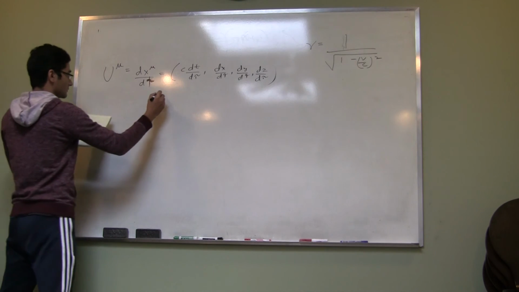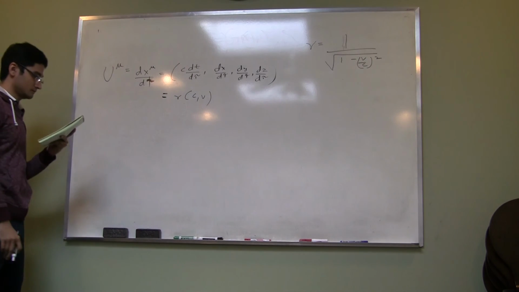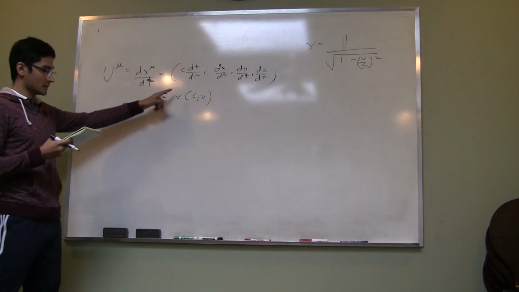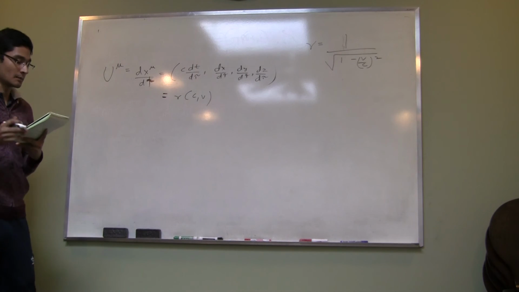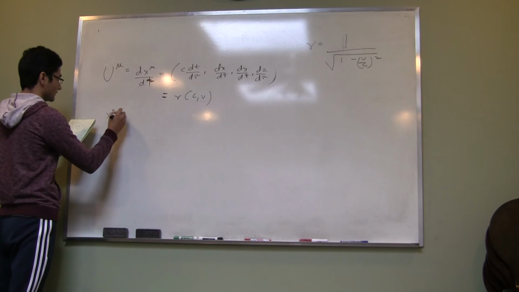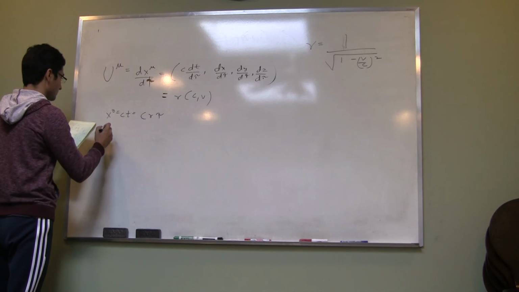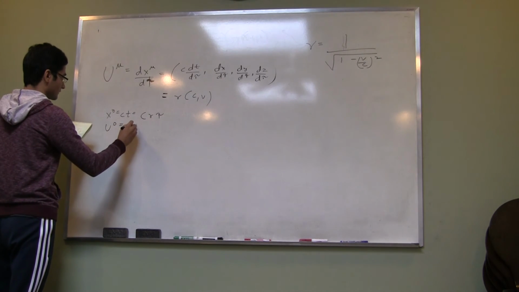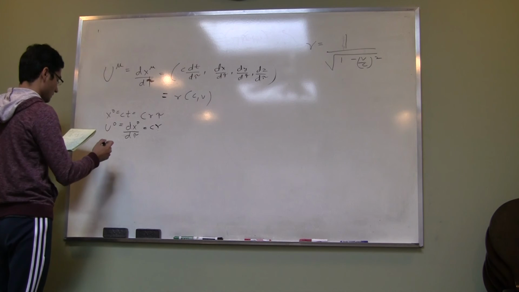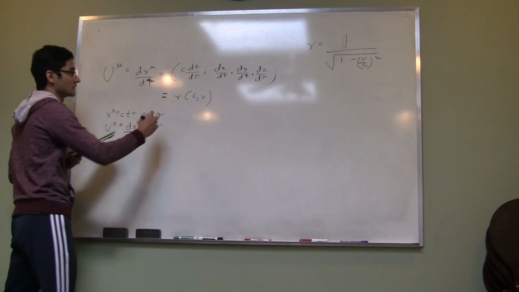Which comes down to gamma c, gamma v. You substitute proper time as coordinate time over gamma, like we are saying x0 will be ct equal to gamma c tau. So u0 will be dx0 by d tau, equal to c gamma. And the three other spatial components come out to be gamma v. So this finally comes down to this.